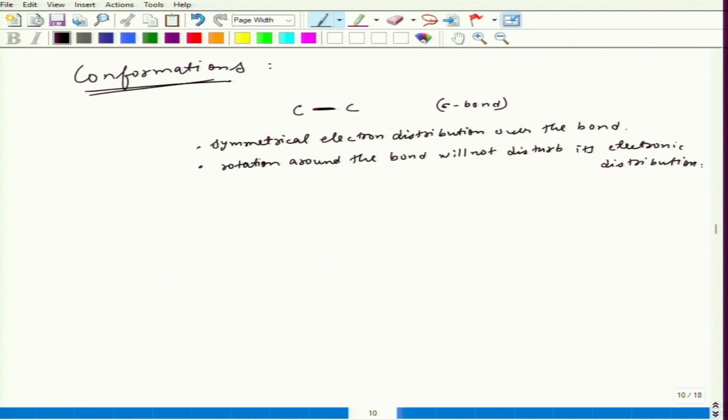Okay. So, in the C-C bond there is a free rotation without the disturbance of the electronic distribution over the bond.